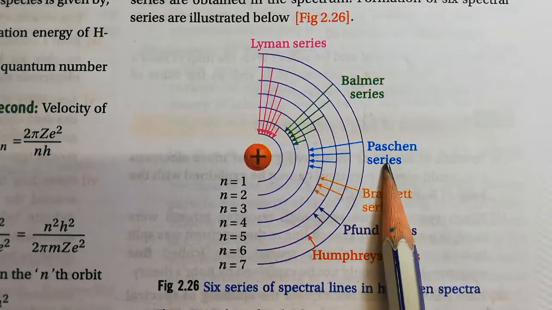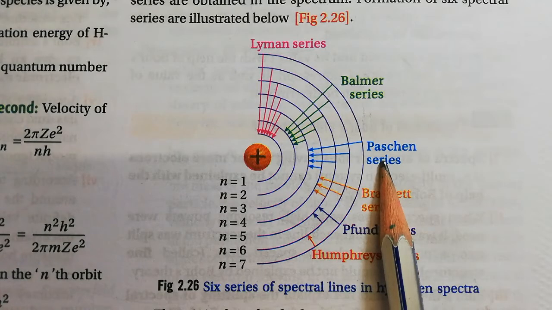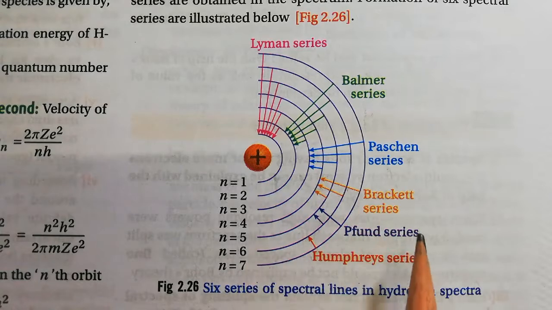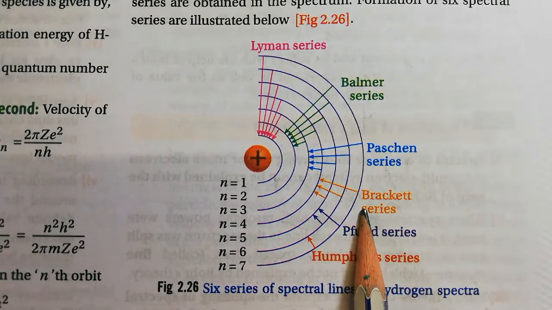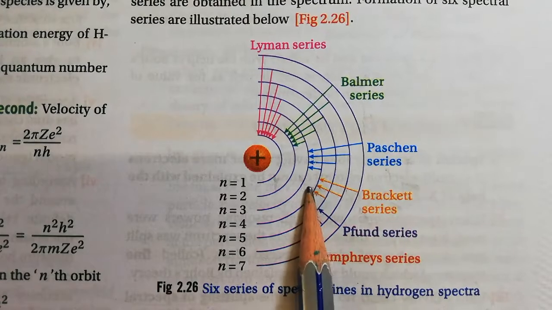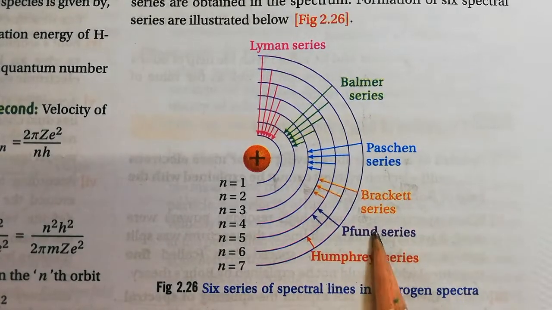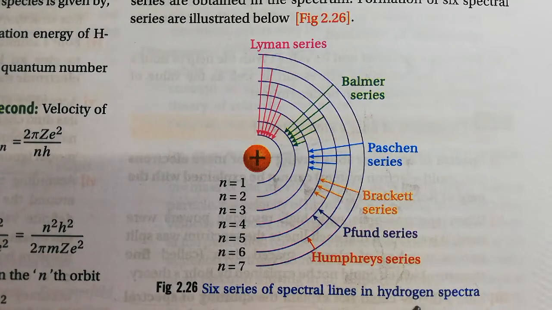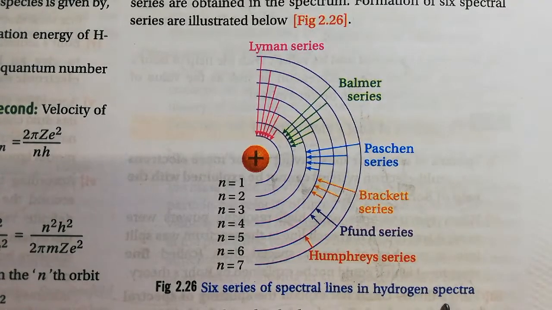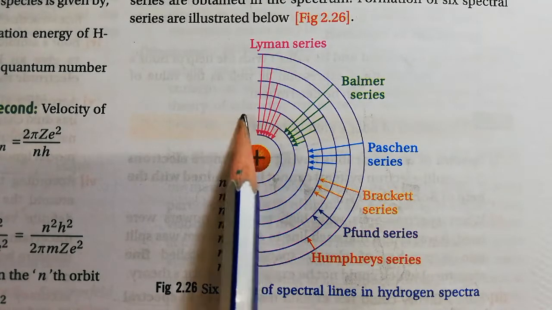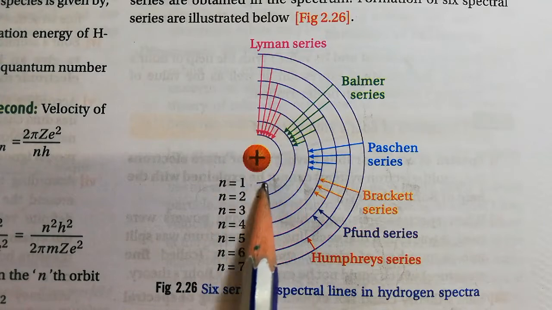The Paschen series is obtained when it jumps to the third shell, and the Brackett series when it jumps to the fourth shell. Thus the Pfund and Humphreys series are obtained. These are the six series of spectral lines in the hydrogen spectrum, and n equals 1, 2, 3, 4, 5, 6, 7 are the fixed orbits around the nucleus.